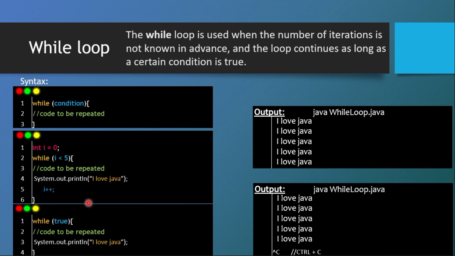So we also have this scenario where while can be true, right? We can put a true value there, and so long as this condition is true, print out System.out.println I love Java. And on your command terminal, you have I love Java going, and basically you have an infinite loop.